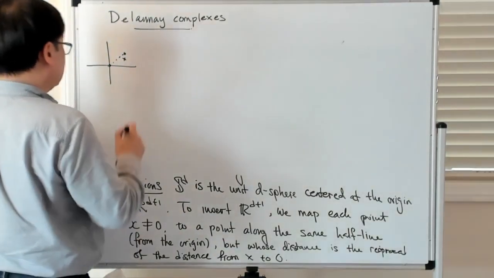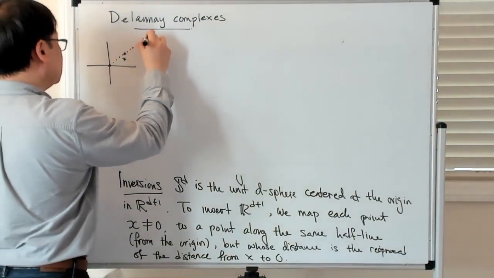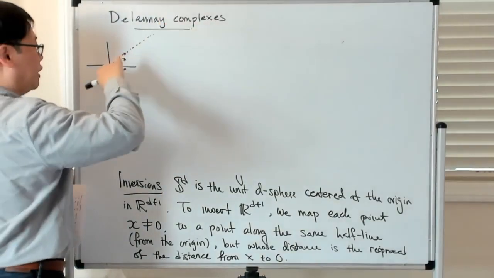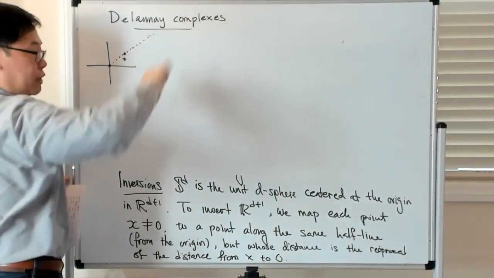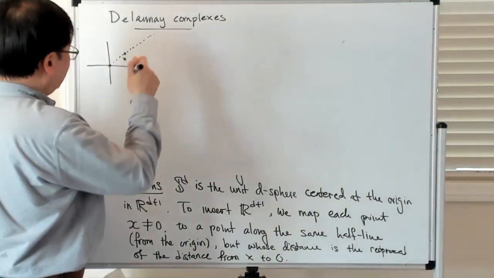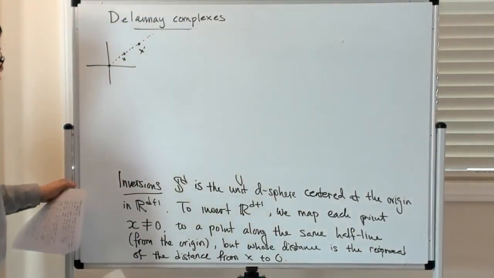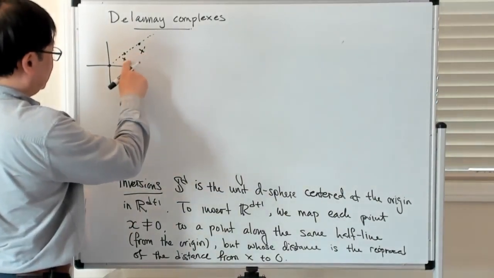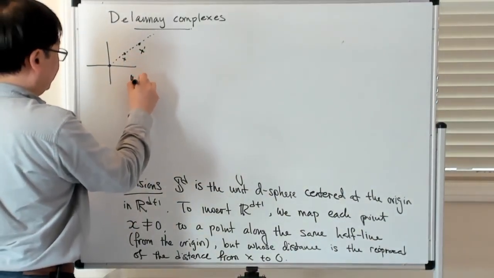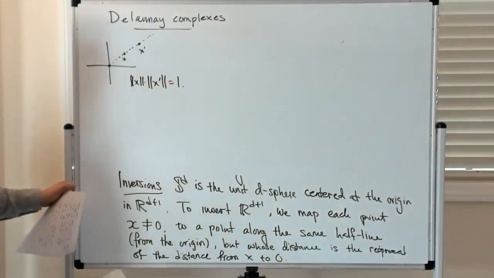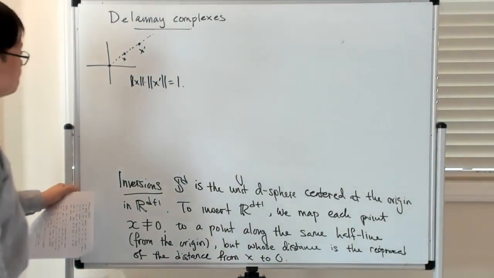You want to map x to another point along the half line which starts at the origin and goes through x. Call that x prime, the image of the sphere inversion map, with the property that the norm of x times the norm of x prime is equal to 1, so the distances are reciprocals of each other.